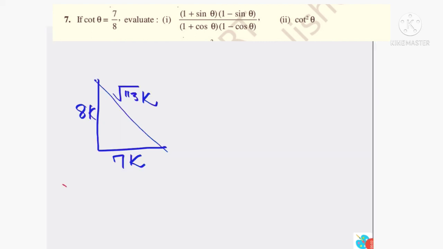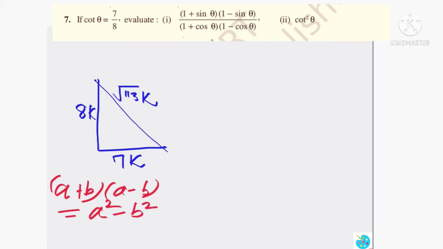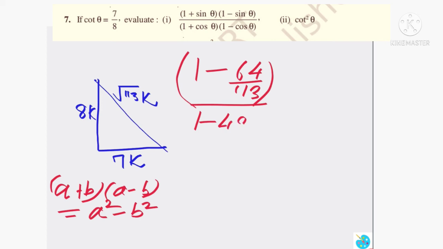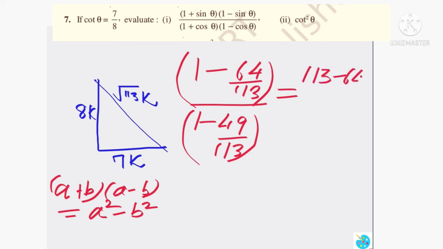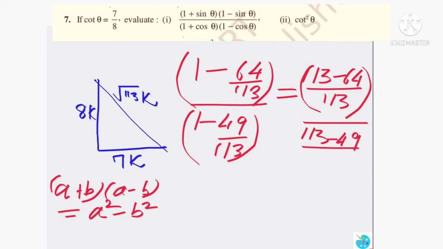Now using the identity (a plus b) into (a minus b) is equal to a square minus b square, I get 1 minus 64 upon 113 in the numerator and 1 minus 49 upon 113 in the denominator. Taking LCM, I get 113 minus 64 upon 113 in the numerator and 113 minus 49 upon 113 in the denominator.